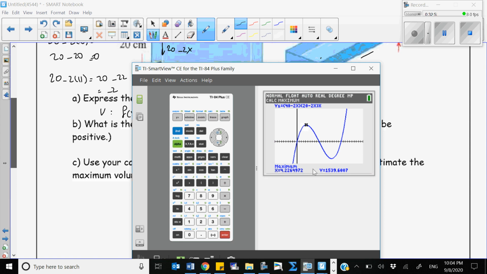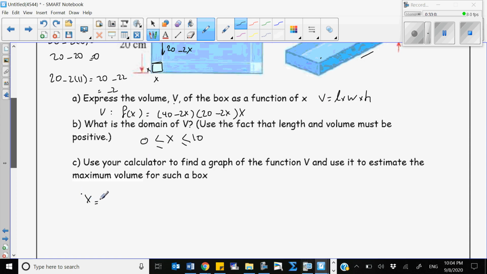So the maximum y value or the maximum volume will be 1539 if the x is 422. So if x is 422, the maximum volume will be 1539. Okay, so that's the answer.